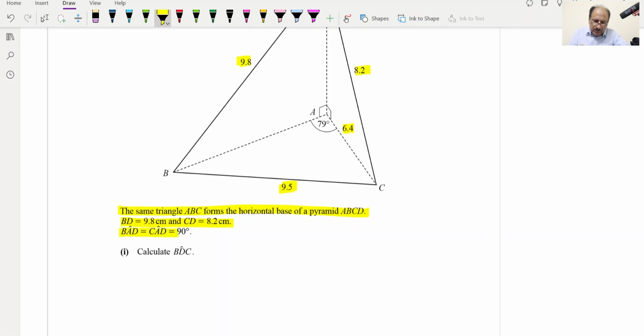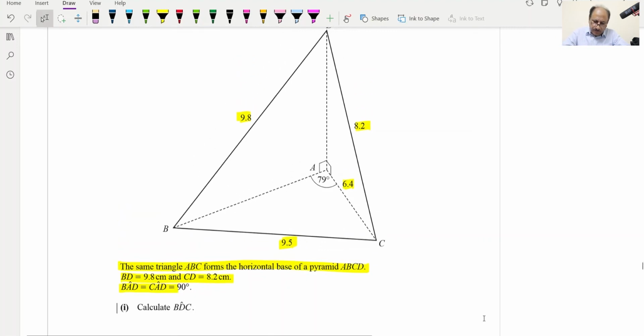BAD and CAD are 90 degrees. Calculate BDC. Which angle is BDC? We need to identify the BDC angle, and the BDC angle is the angle between these two sides. This is the angle BDC.